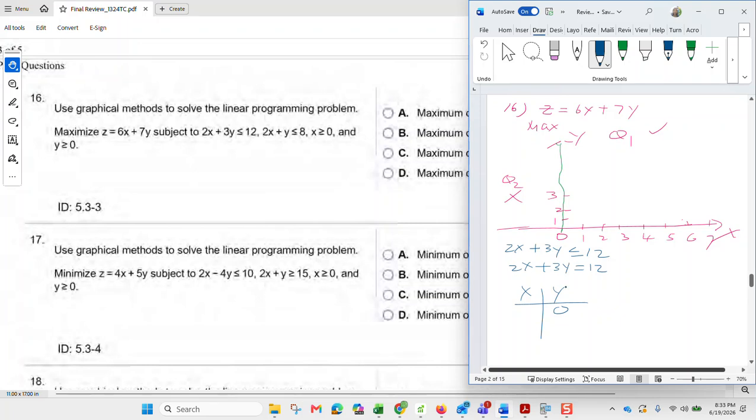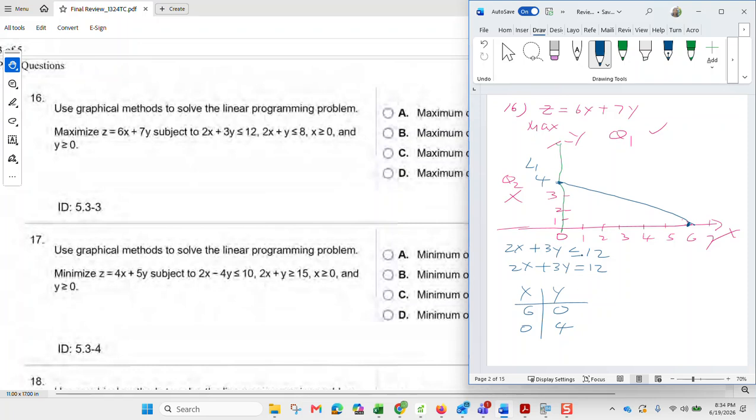So 2x equal to 12, x will be 6. When x equal to 0, this will be gone. 3y equal to 12, so y will be 4, right? So we have x is 6, y is 0, this is 4, all right? So we're going to just graph this together right here, okay? And that is my line 1, okay? This is called the line 1 in here.